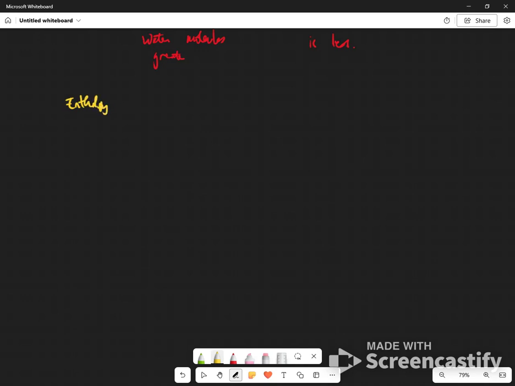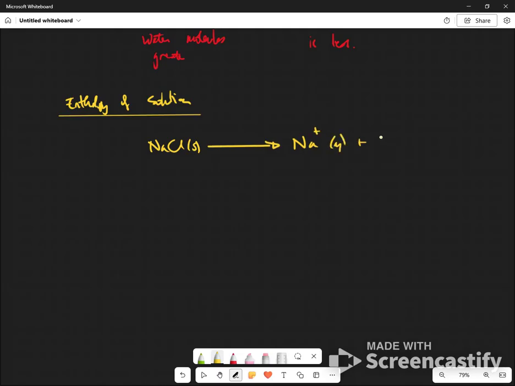Enthalpy of solution. Now this is when 1 mole of solid ionic compound is dissolved to give us 1 mole of aqueous ions. Cl minus, oh that's ugly, isn't it?